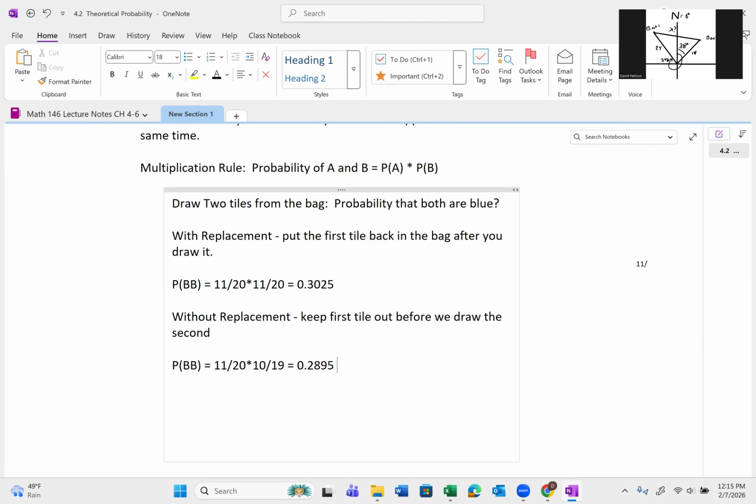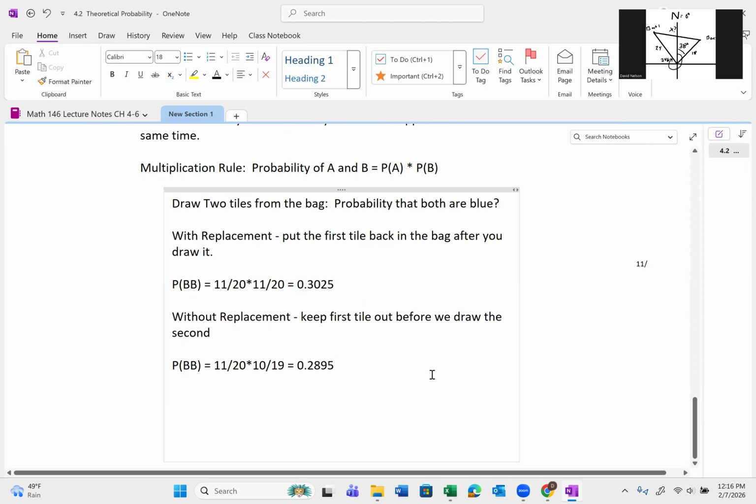Your 4.2 homework has you thinking about sample spaces and calculating probabilities from those sample spaces as well. If you have any questions, there should be a discussion forum in the homework or in Canvas, so you can ask those questions and we will see what we can do to answer them.